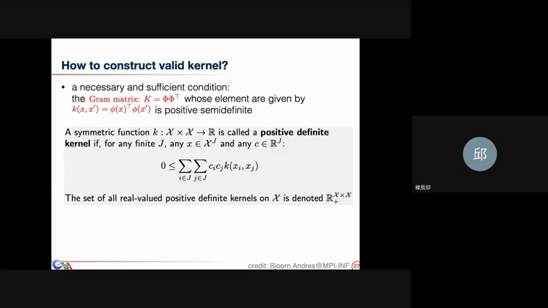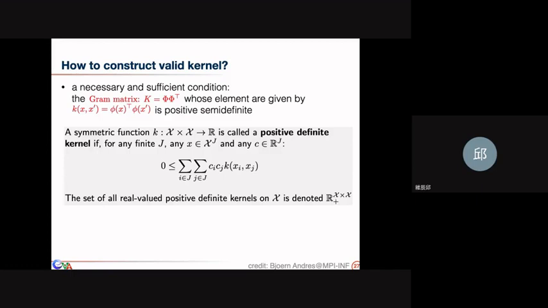So a necessary and sufficient condition for the kernel function is that the Gram matrix, whose elements are given by the inner product between the feature vectors, is positive semi-definite. This is a necessary and sufficient condition for you to justify if a kernel is valid or not.